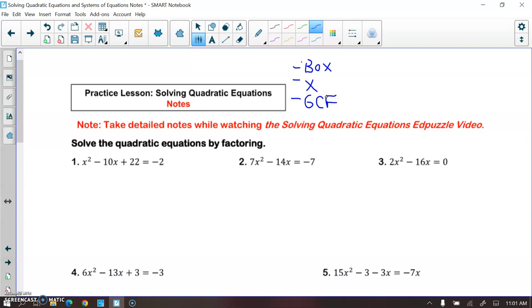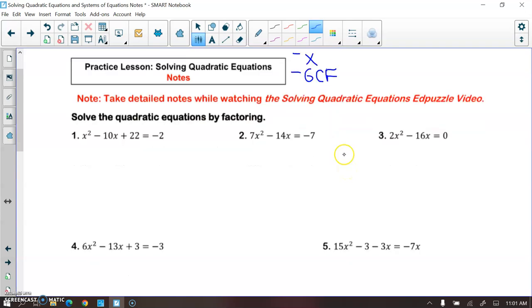Let's get started. So when we are factoring, we always need to make sure our equation is set equal to 0. So for number 1, I need to add this 2 over to set my equation equal to 0. So now I have an x squared minus a 10x plus a 24 is equal to 0.